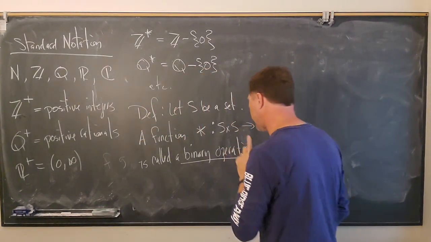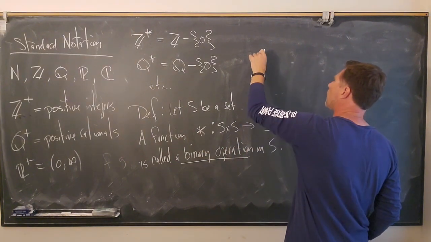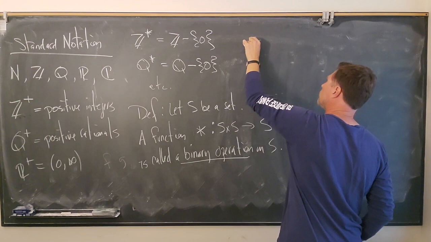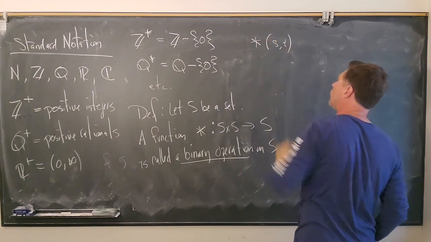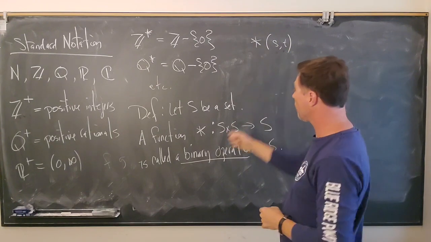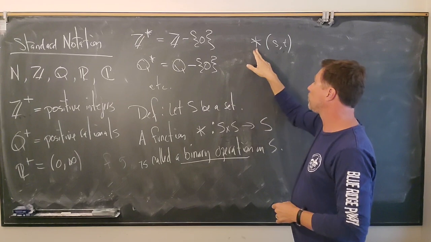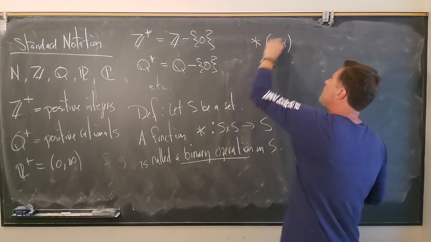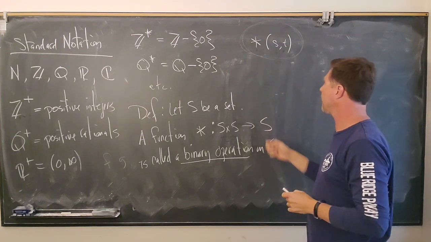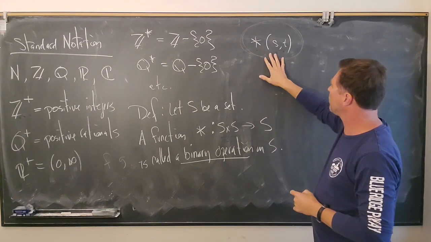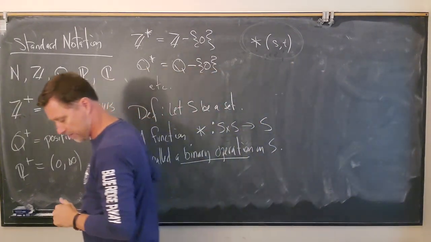So very quickly now, typically if you're working with a function, don't write this down, I'm going to change this. You take an ordered pair from S cross S, that's what elements of S cross S look like. Then if you apply the function to them, this right here is the output. This output is going to be an element of S. This is really clunky notation, and so we're immediately going to redo that.